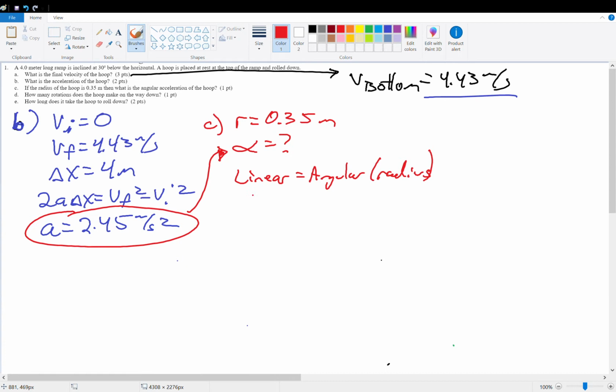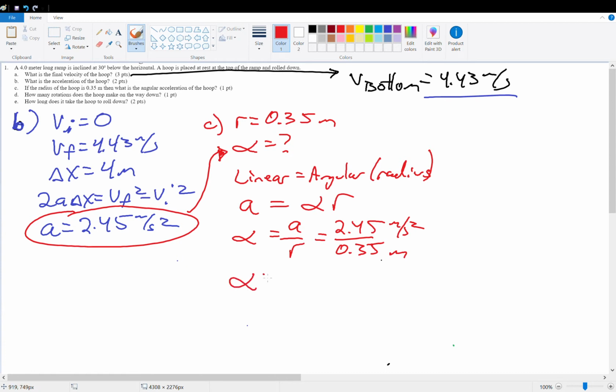So for us, a, linear acceleration, equals alpha, angular acceleration, times radius. Some quick algebra tells us that alpha is a over r, which is 2.45 over 0.35. This is meters per second squared over meters, so the meters cancel out. Anytime you use a jumper, your angular quantity will have radians in it. When we solve this, you get 7 radians per second squared. Please remember, those jumper equations give you radians. Can't stress that enough. So that is C.